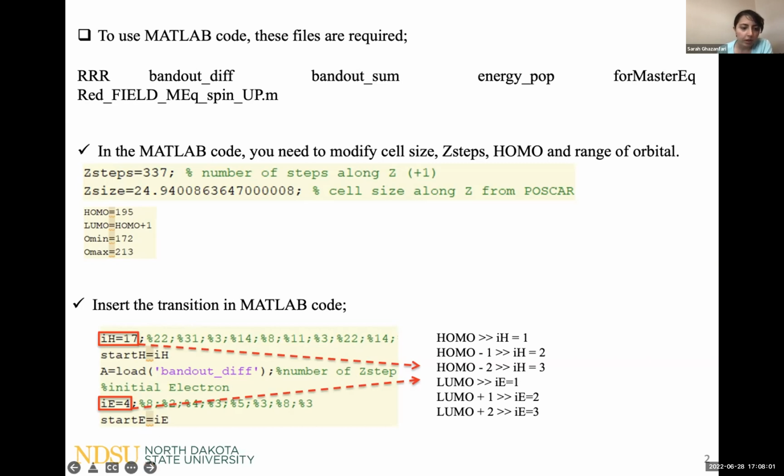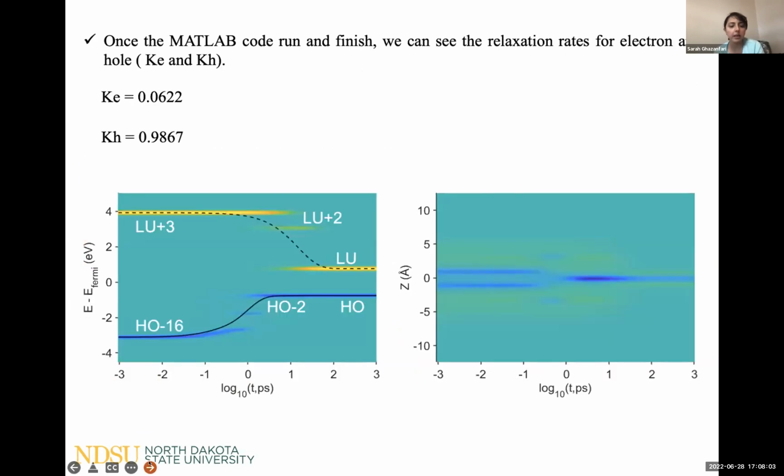After modifying the MATLAB code, if the whole process goes well, we end up with some plots. One of them is, as you can see on the left, the energy dissipation as a function of time and as a function of space in the right panel.